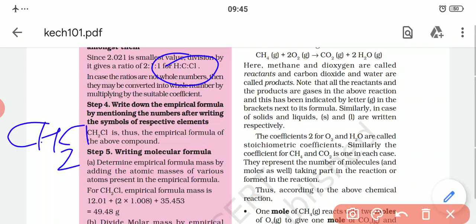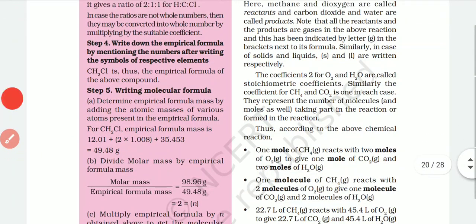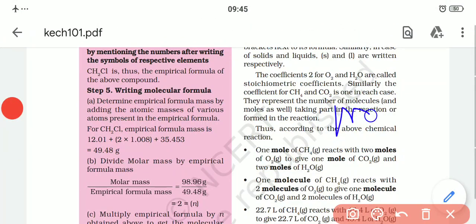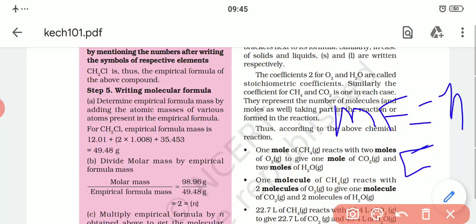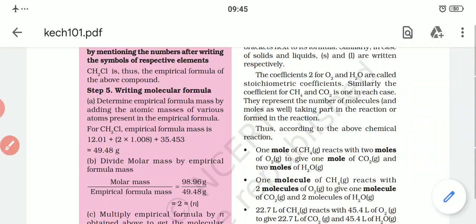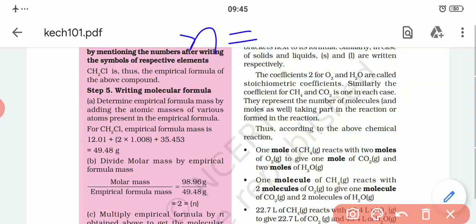Now how to find the molecular formula? Molecular formula is equal to n into empirical formula. So how to find n? n is equal to molecular mass upon empirical mass.